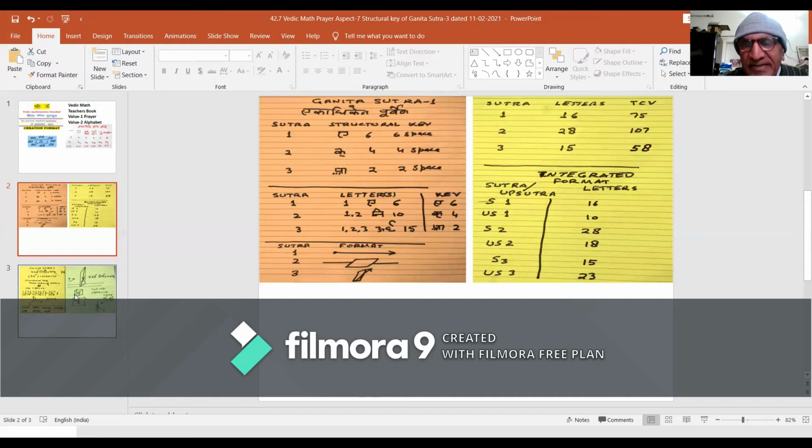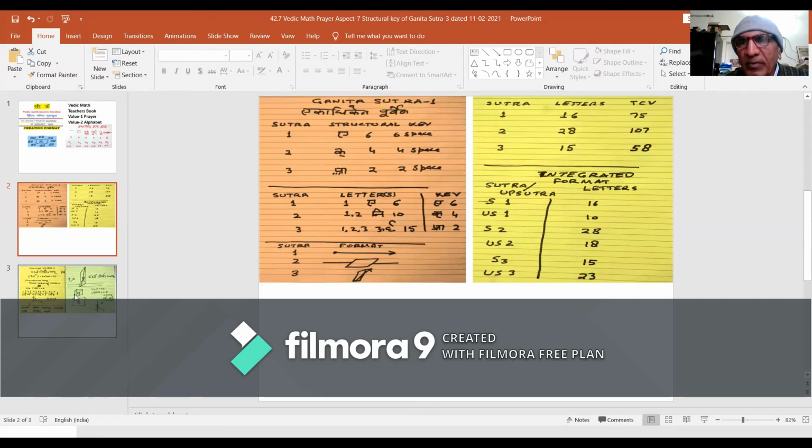Let me have a pause. The third letter of Ganita Sutra 1 leads to the structural key of Ganita Sutra 3. The first three letters of the text of Ganita Sutra 3 lead us to the mathematical domain of Ganita Sutra 3.